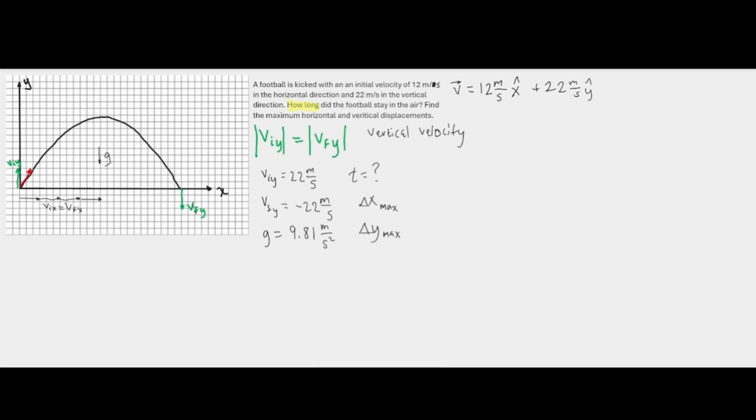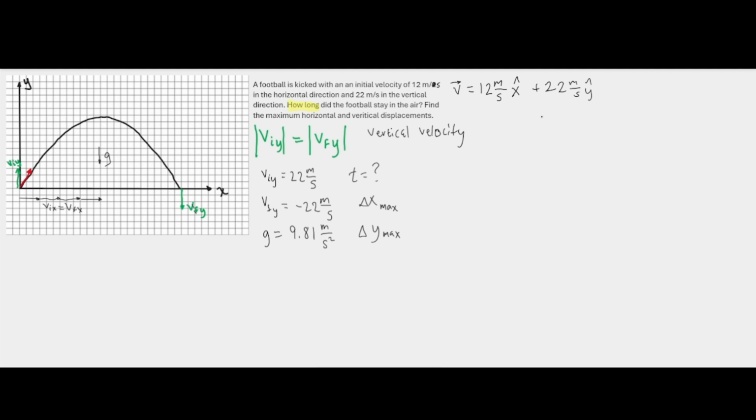Okay, so where do we go from there? Obviously, we're going to have to use one of our kinematic equations, most likely. And what can we use? Well, we have to look again at everything that we have as far as the quantities that are given to us. So let's just look at this last part first. So how would we find horizontal and vertical displacement?